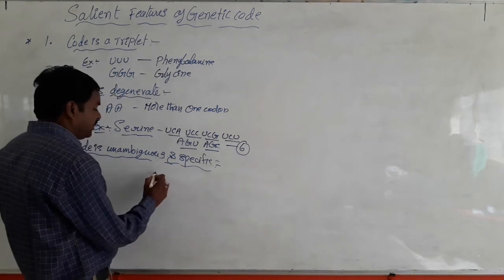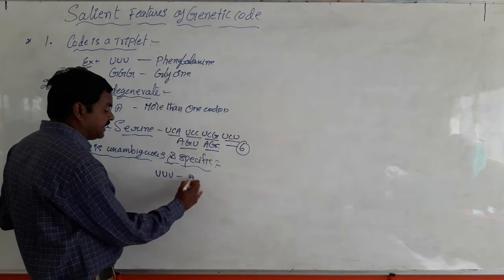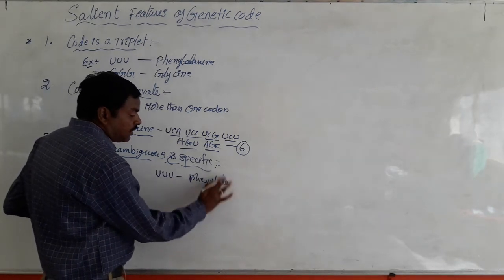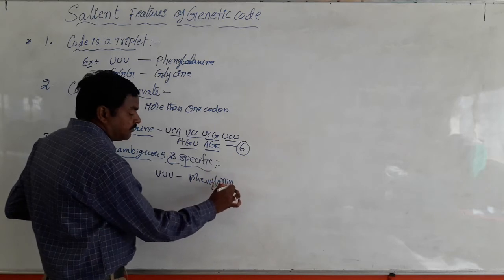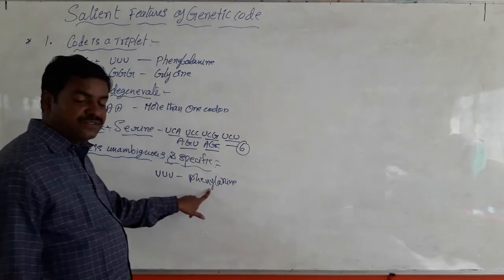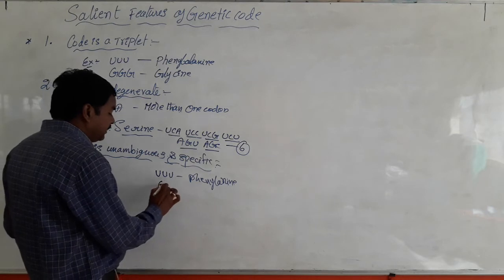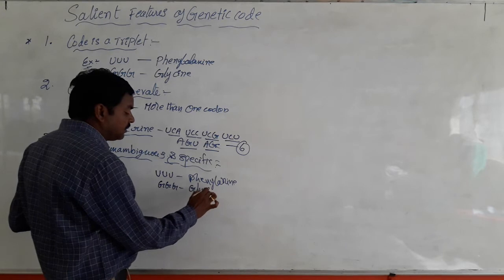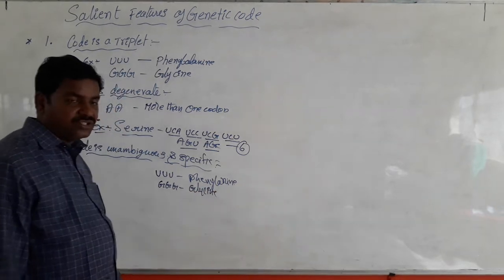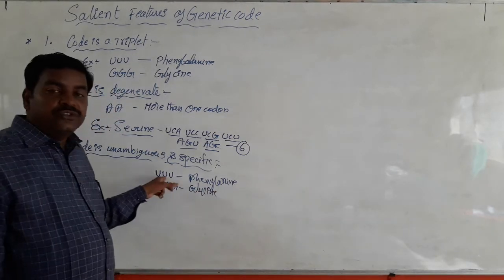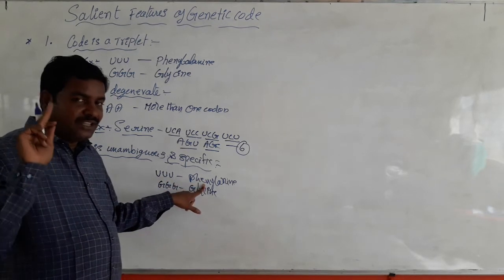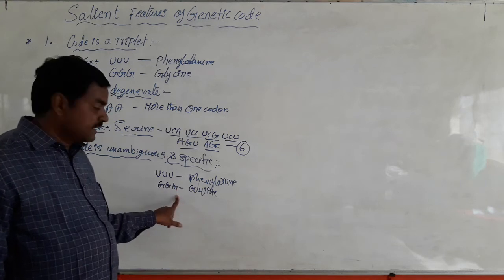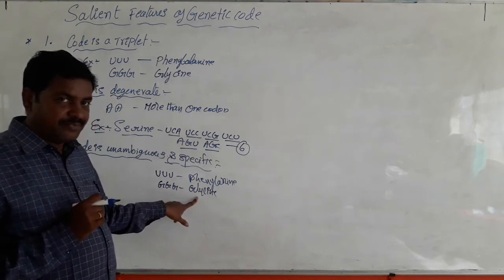For example, UUU recognizes phenylalanine. Similarly, GGG recognizes the amino acid glycine. This means UUU always recognizes only phenylalanine, and GGG always recognizes only glycine.